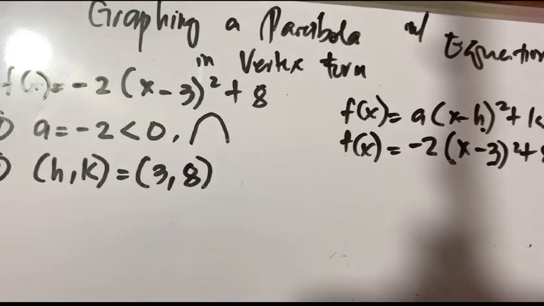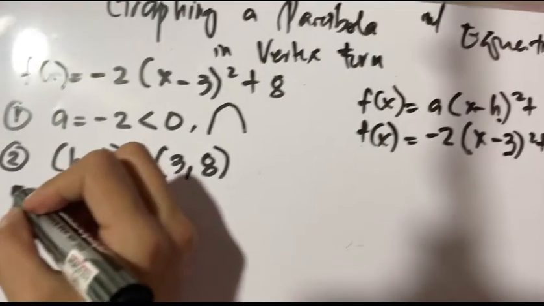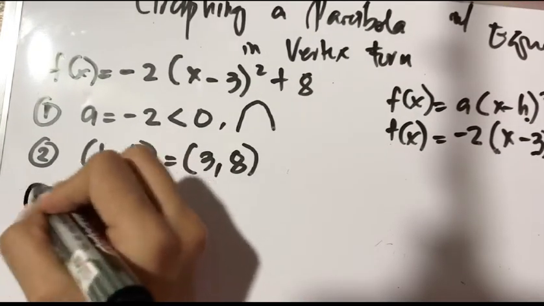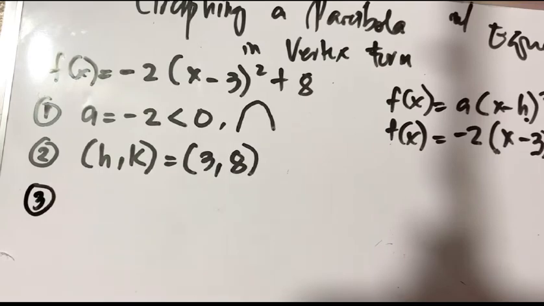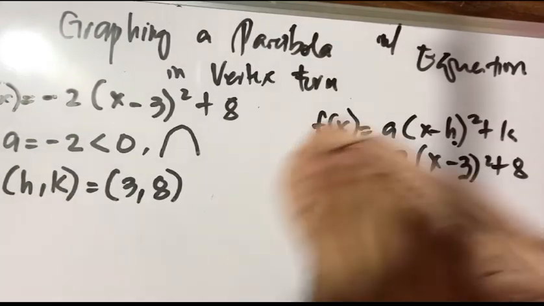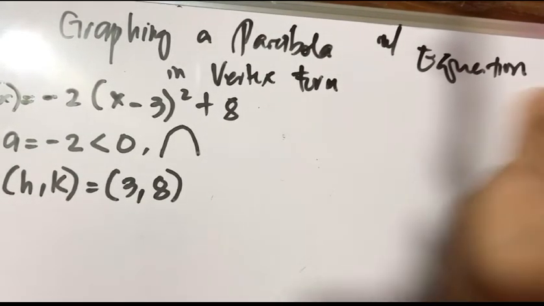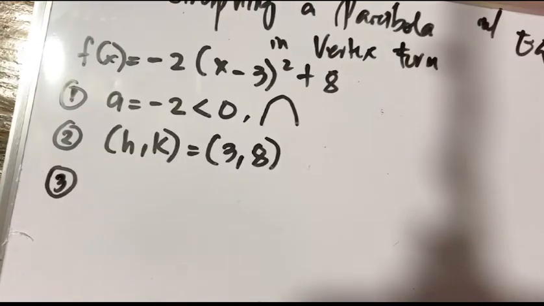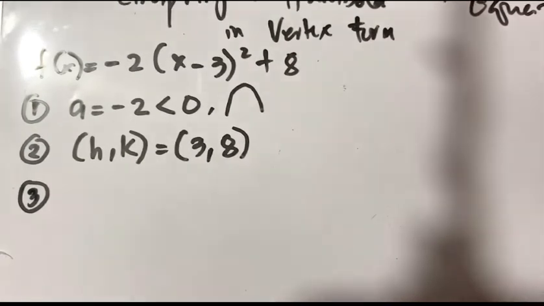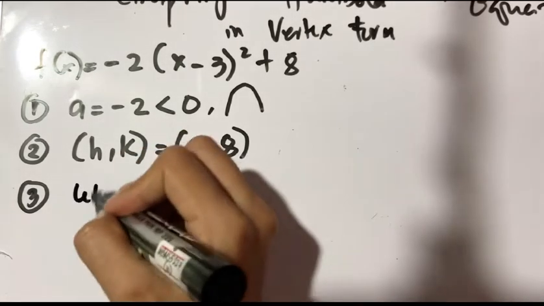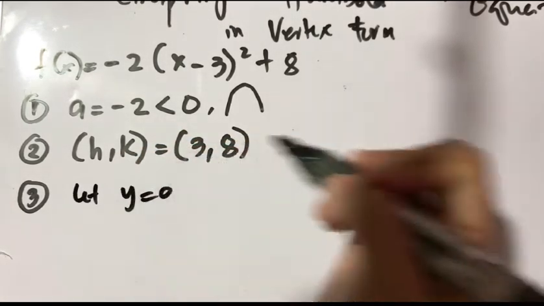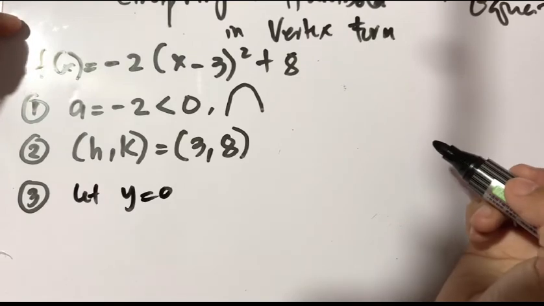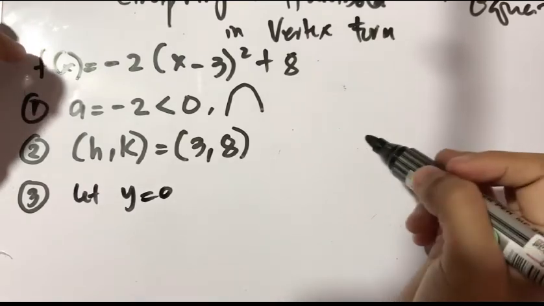So, the third step is to find the x-intercepts. We do this first so we can use the space later. How do we find the x-intercept? That is simply to let y be equal to 0. So, from here, we can rewrite f of x as y.